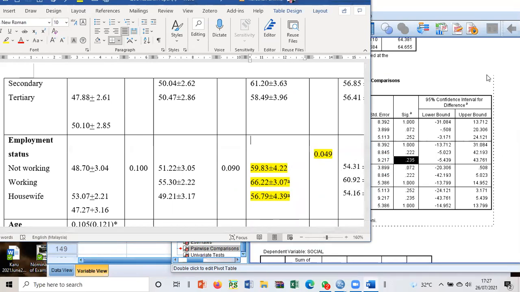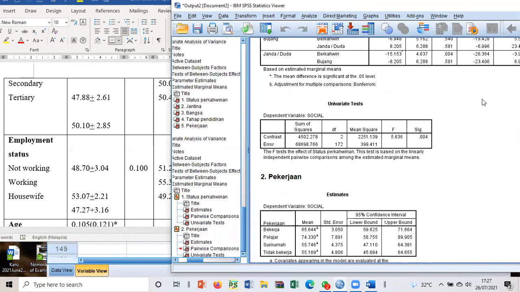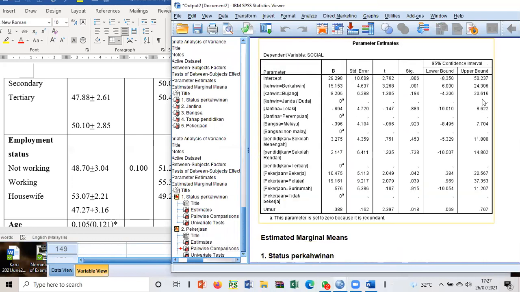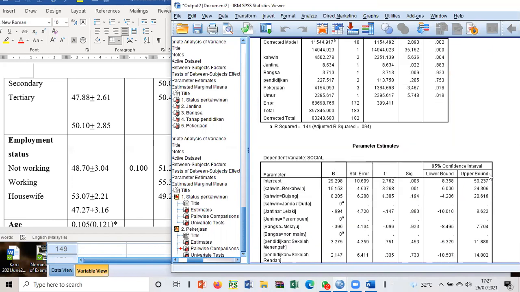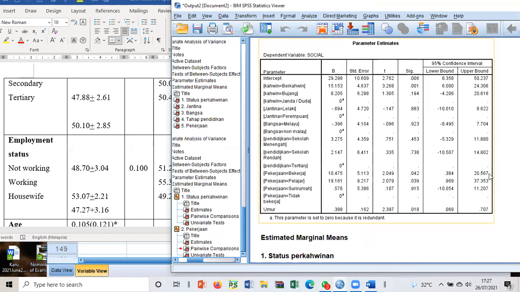Now, for age, it was significant. Was age significant? Umur was significant. So how to report it? So that's your Umur 0.388 and the standard error of this.